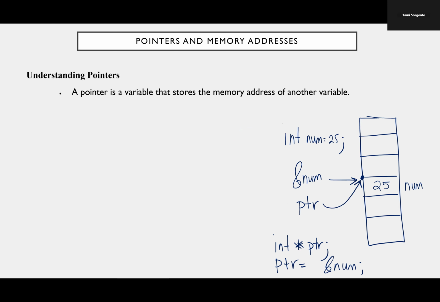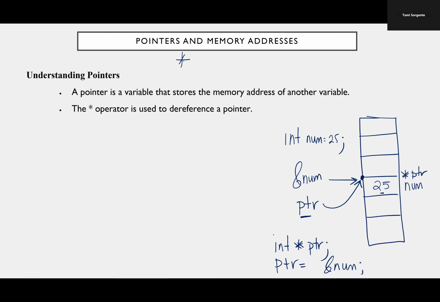We're going to do some practice with this later in the semester. All right, so there are 2 symbols used with pointers in C and C++. The asterisk is used to declare a pointer. The asterisk is also used to dereference a pointer. So right here, if I want to find out what this value is, I say value at PTR.